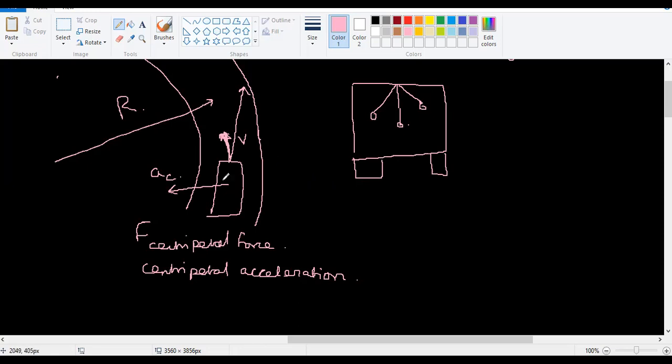So the car will turn towards the left, whereas we will get pushed towards the right. I'm sure all of you have experienced this when the car is taking a sudden turn. Have you experienced this, Mithun? Yes. Okay.